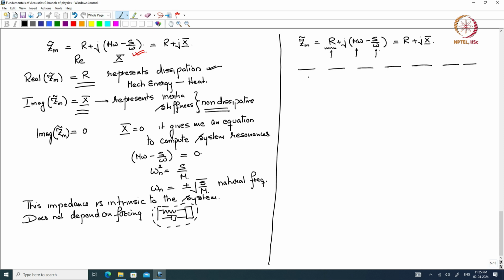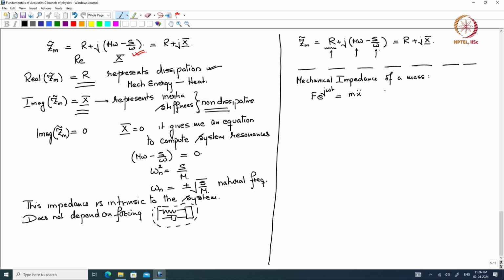If we start with the mass, okay, so the mechanical impedance of a mass. So, we have a force, a harmonic force that is applied to a mass. Okay. This is the Newton's law.